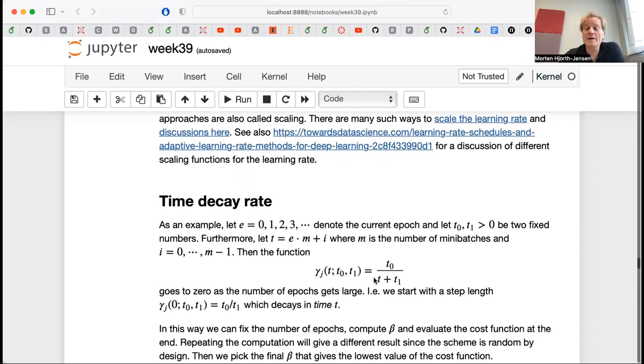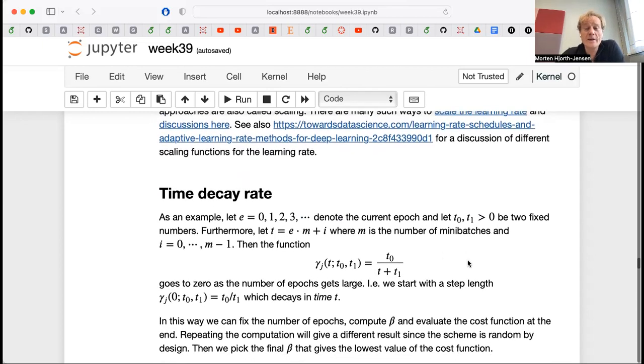So one approach is given here. It's a kind of decay rate. Tomorrow we're going to list the different ways you can do this. But you could now think of letting this parameter e run from 0, 1, 2, 3, where that denotes the current epoch. And then you fix two parameters, t0 and t1.